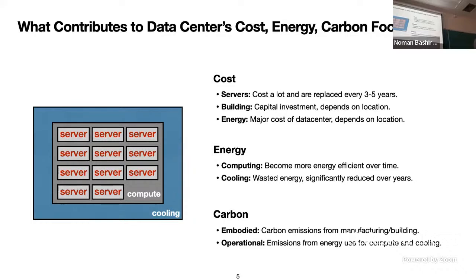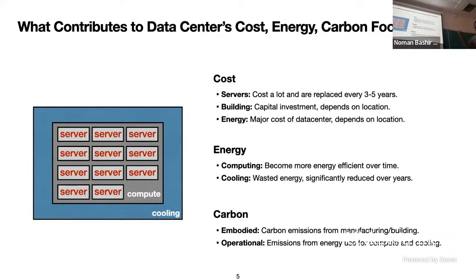And if you look at the lifetime of a data center, servers and buildings are not the things that cost the most. Energy consumption is the major driving factor. In some cases, I think 60-70% of your total amortized cost over the lifetime is spent on consuming energy.